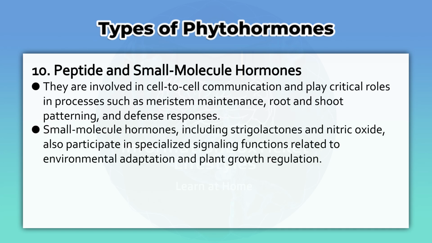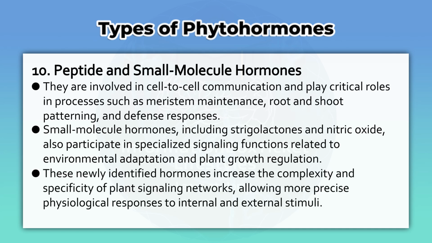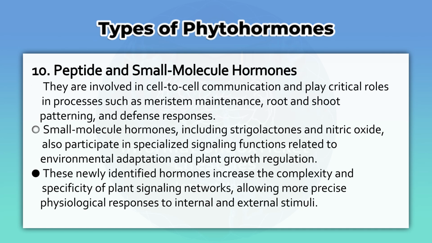Small molecule hormones, including strigolactones and nitric oxide, also participate in specialized signaling functions related to environmental adaptation and plant growth regulation. These newly identified hormones increase the complexity and specificity of plant signaling networks, allowing more precise physiological responses to internal and external stimuli.